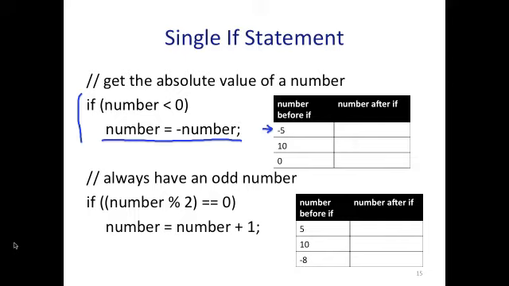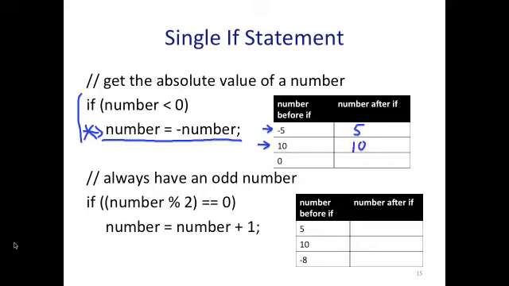You haven't actually seen this negative sign. We didn't do it with the arithmetic, but what it says is just like you expect from math classes, it inverts the number. So in this case, the -5 gets converted to a 5. By contrast, if number is 10, then 10 is not less than 0, and so this statement is false, and we do not execute this statement right here, and number stays as 10.